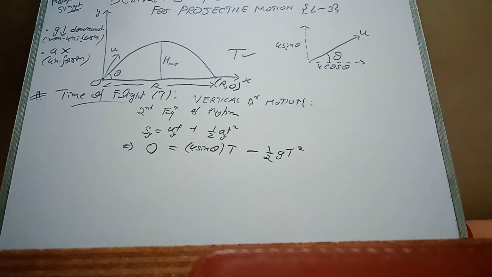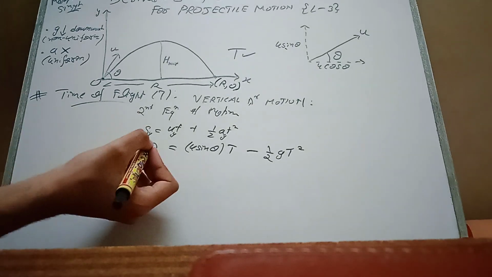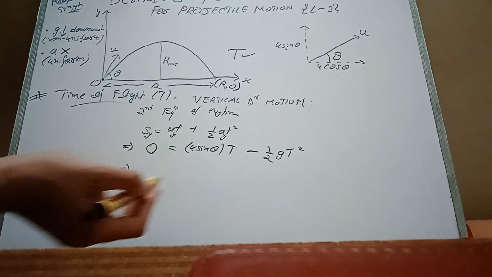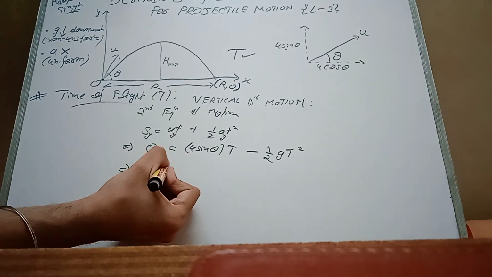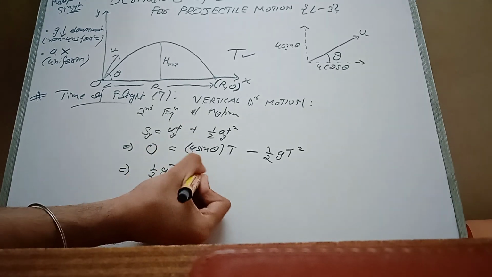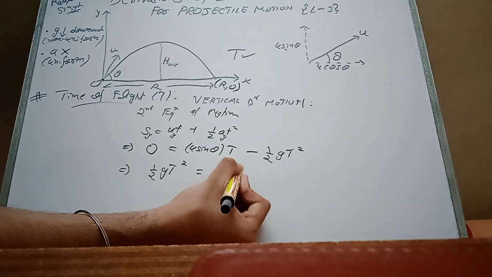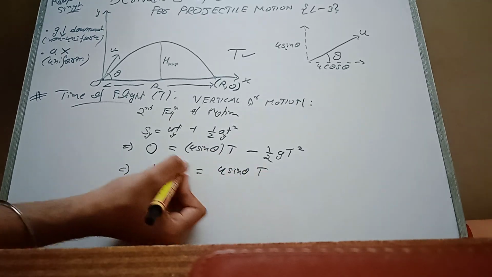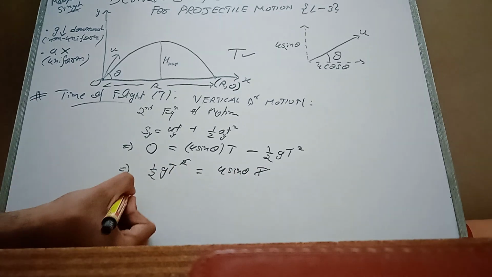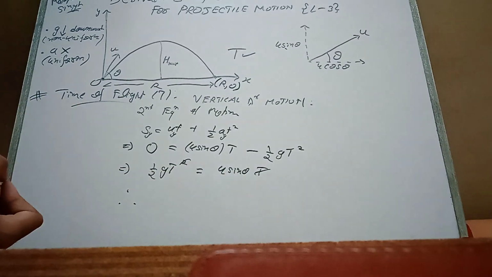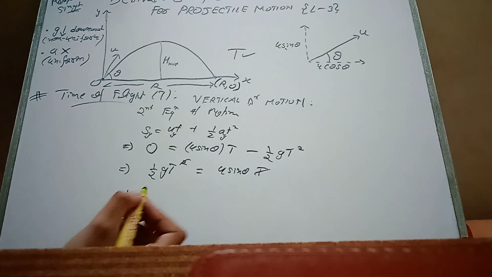Is this clear till here? So now take this side, half g T square equals u sin theta capital T. Cancel the T terms. So what is remaining?